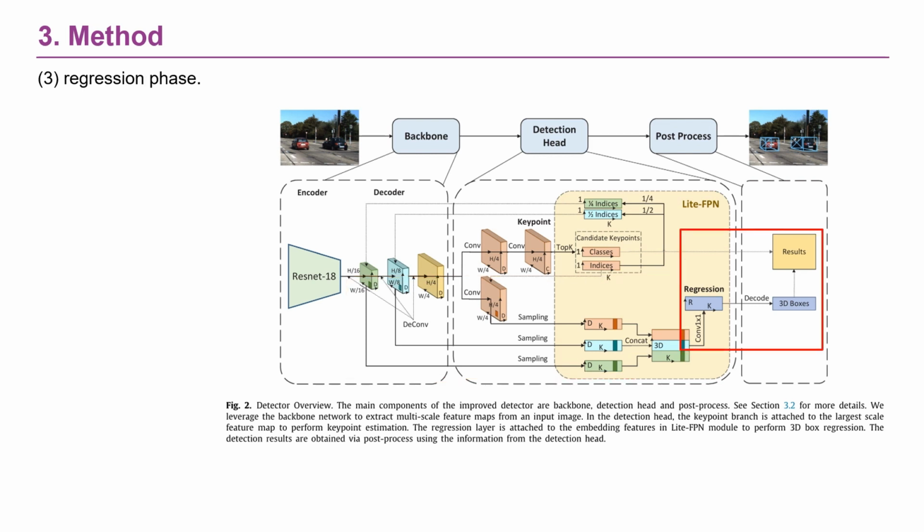In the regression phase, the embedding features are fed to a 1-by-1 convolutional layer to predict the geometric parameters related to the 3D bounding box.